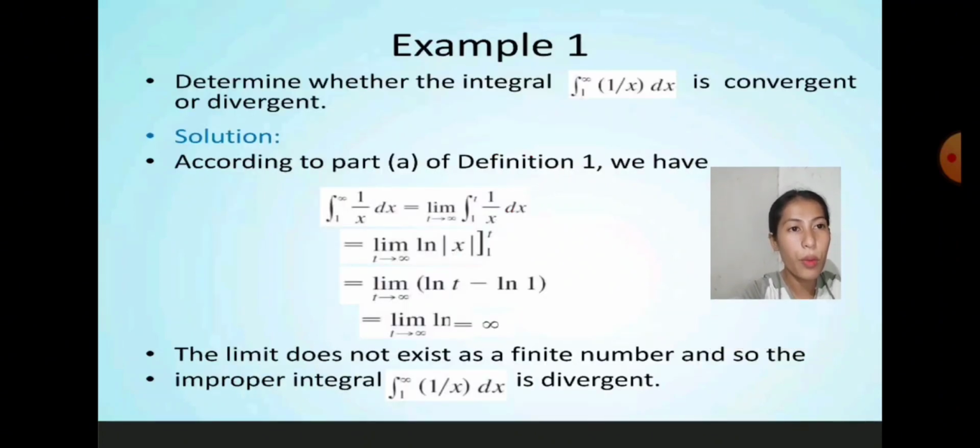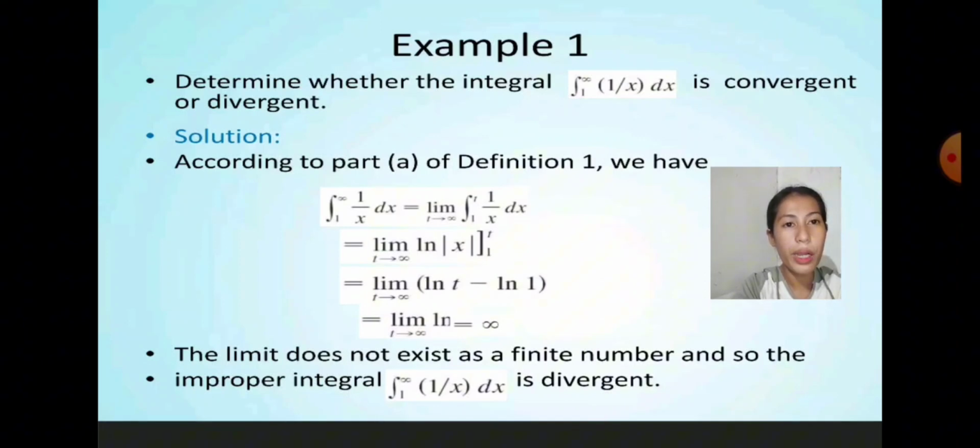Example 1: determine whether the integral of 1 over x dx from 1 to infinity is convergent or divergent.